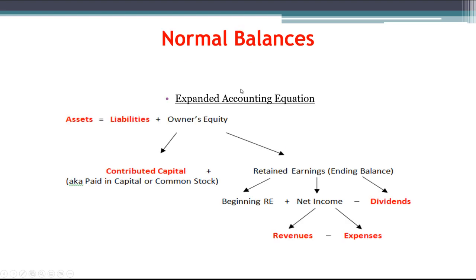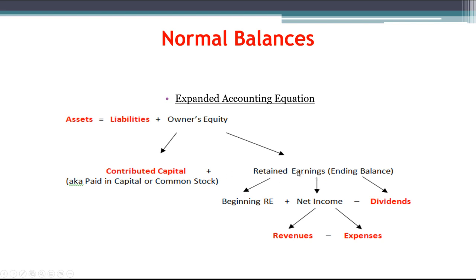Now the next step is to refresh a slide we talked about in Module 1 where we expanded that accounting equation. We said we have assets, liabilities, but then we broke owner's equity into two components: contributed capital, sometimes called paid-in capital, and retained earnings, sometimes called earned capital.